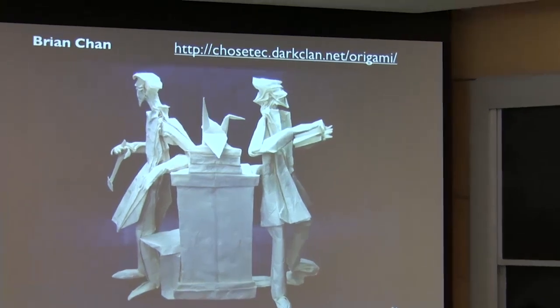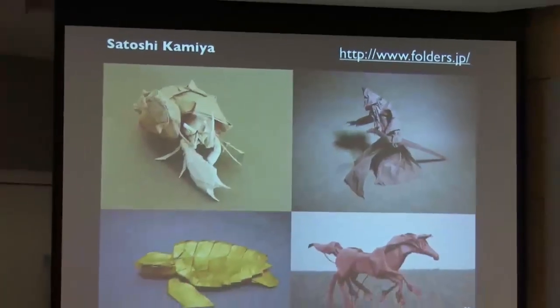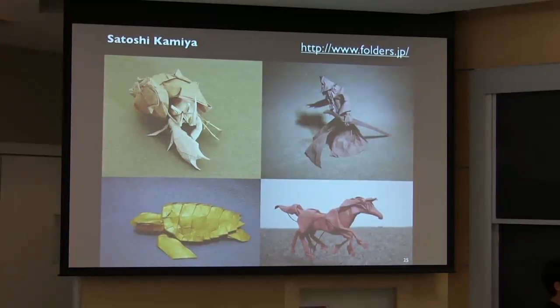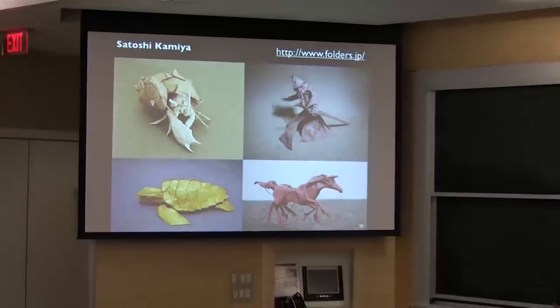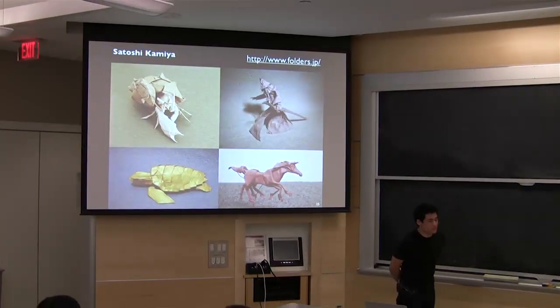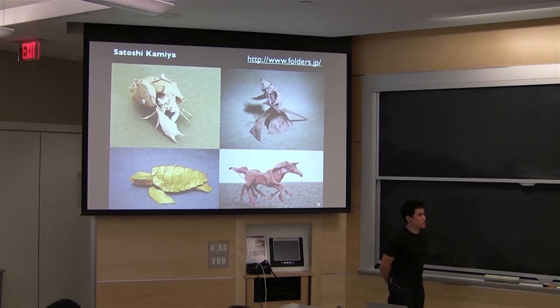But yeah, the last person I want to touch on is a guy named Satoshi Kamiya, who's widely represented as probably the foremost pioneer of super complex origami.